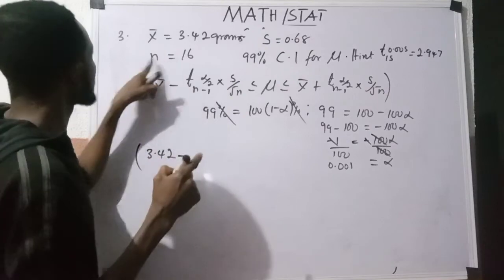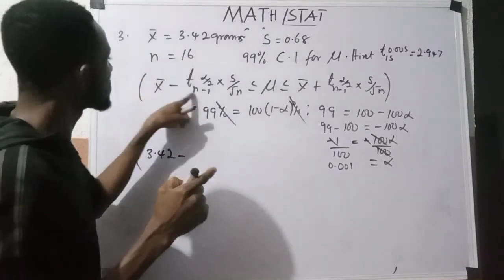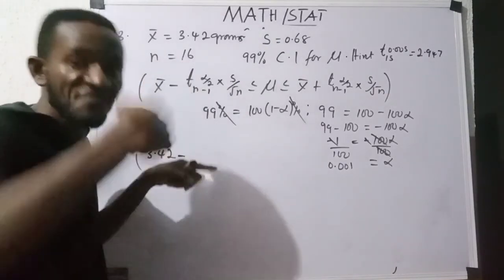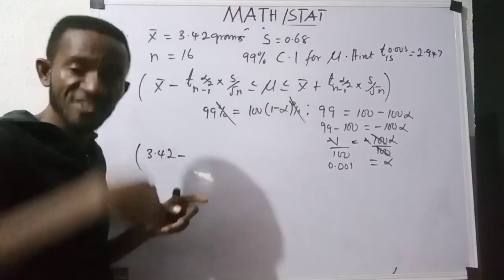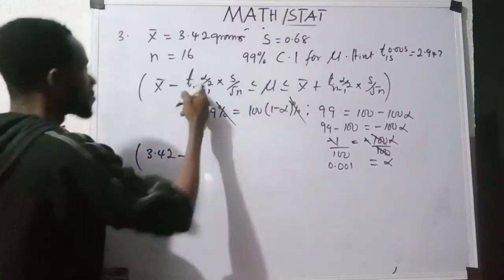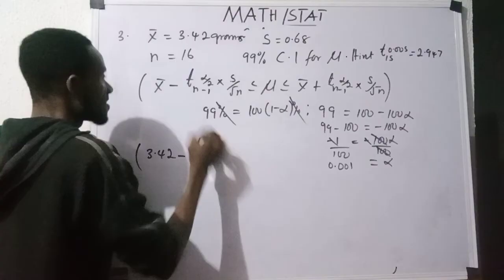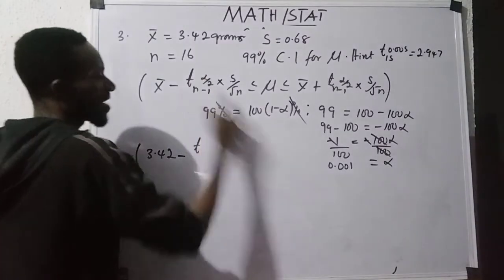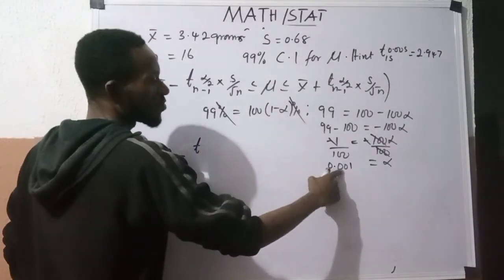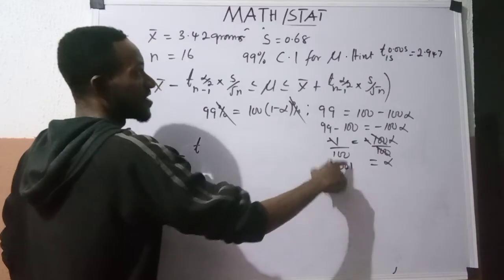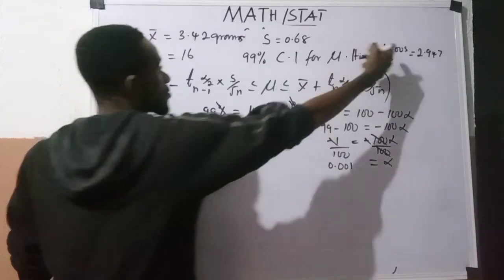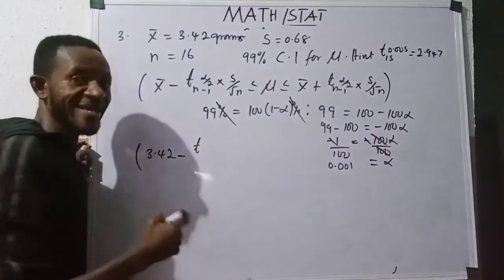My n here is 16, so 16 minus 1 is 15. So 15 is the degrees of freedom. Your alpha has been gotten to be 0.01. If you divide it now, you are going to have 0.005, I guess.